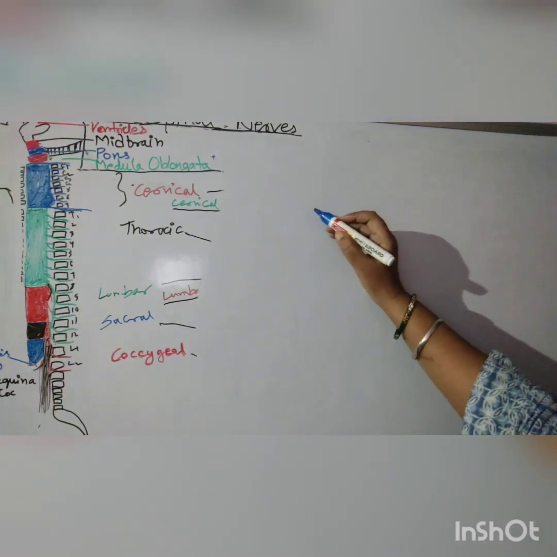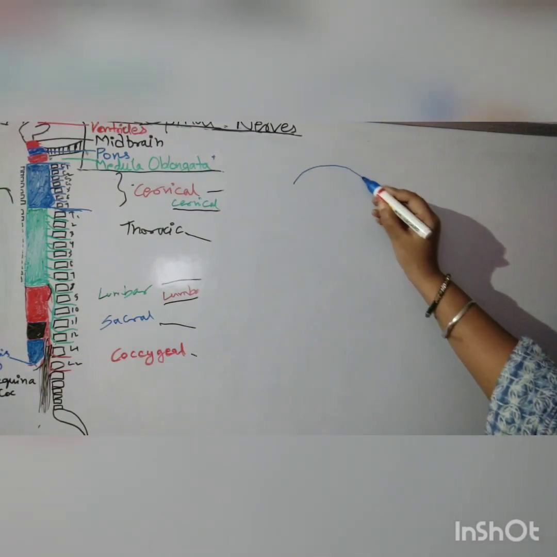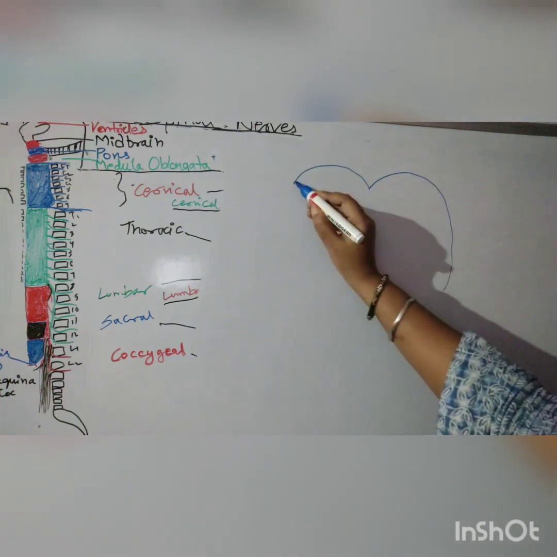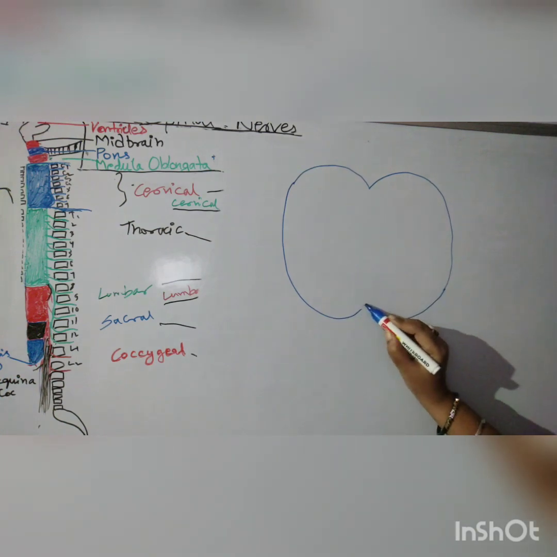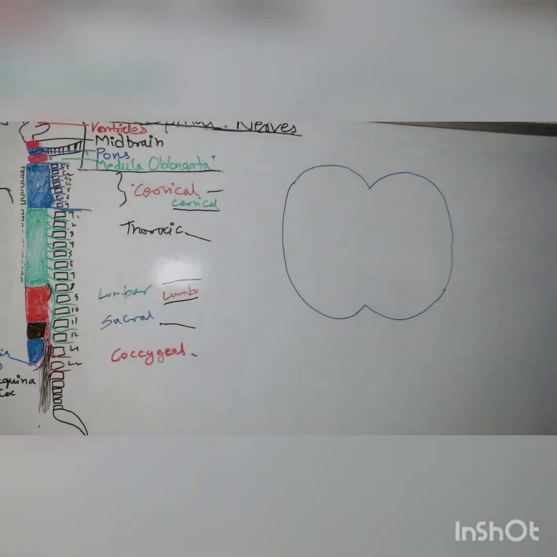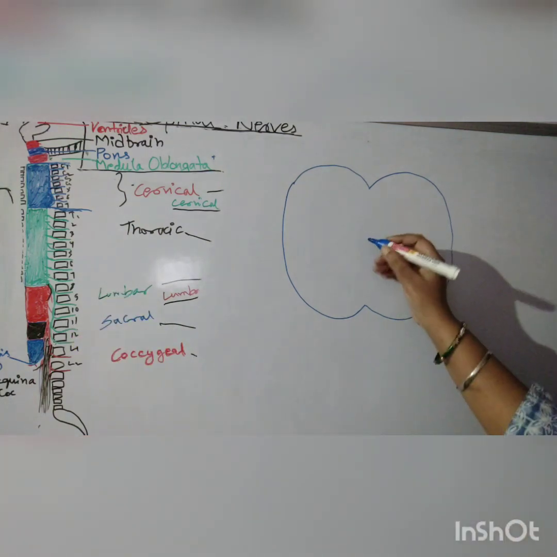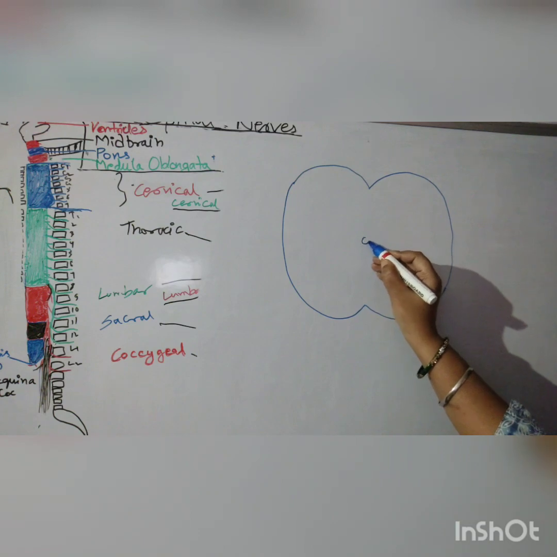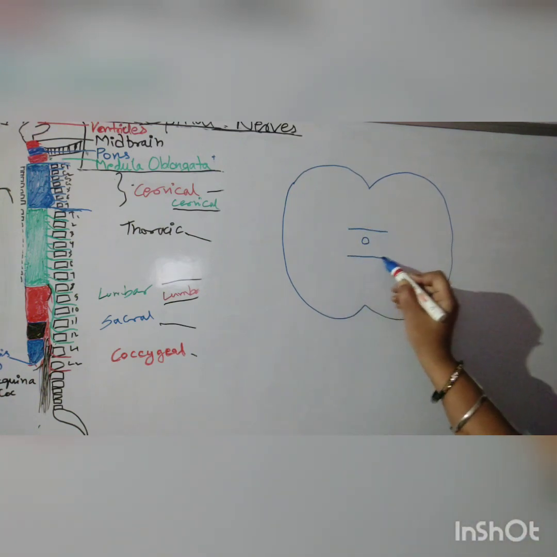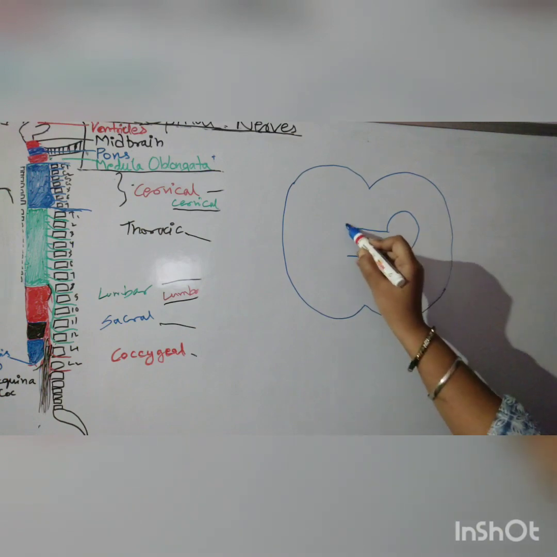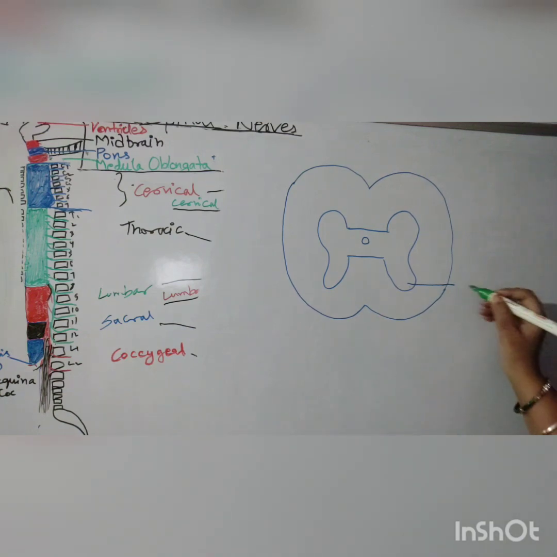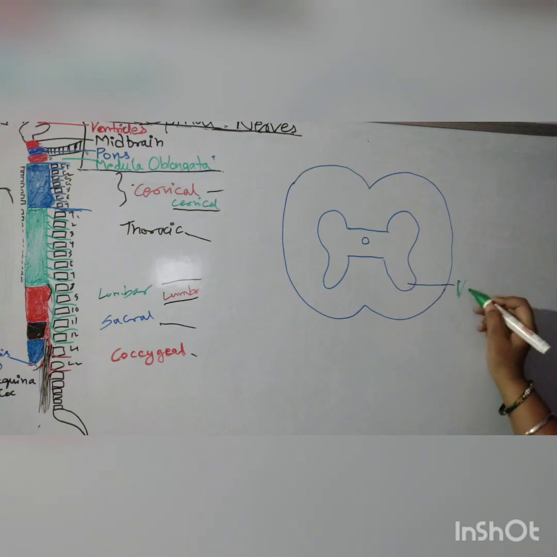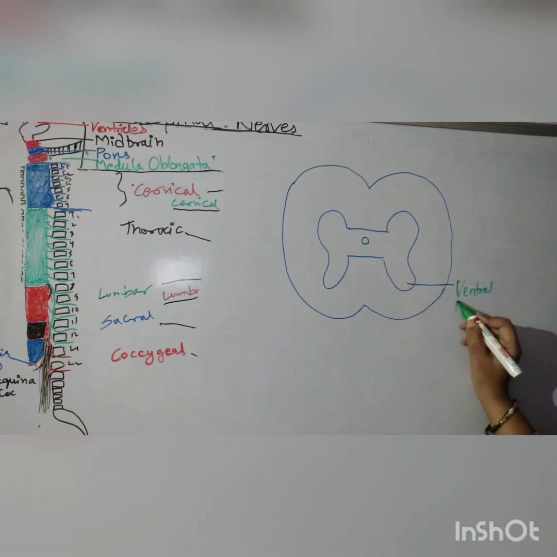Suppose I have taken this cut section of this spinal cord. This is your central canal. This structure is your ventral root.